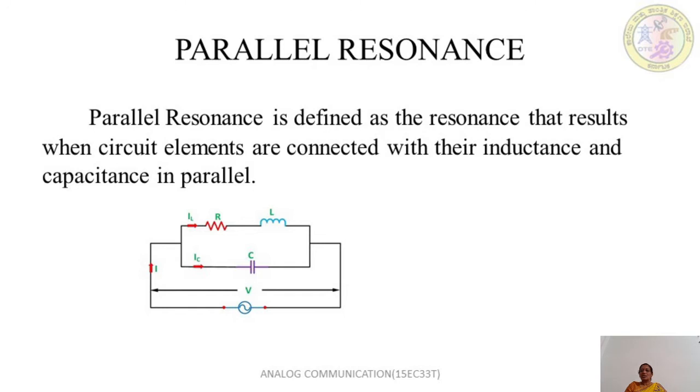At the resonance condition, the circuit draws a minimum current. In parallel resonance, there is a minimum frequency response, minimum current, and maximum impedance.